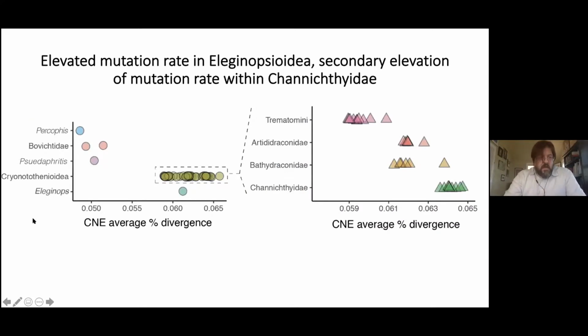You can see a variation in the CNE average percent divergence, but it's clustered within this group. The outgroups don't seem to have this variation, so there is a distinct increase in variation in CNEs.